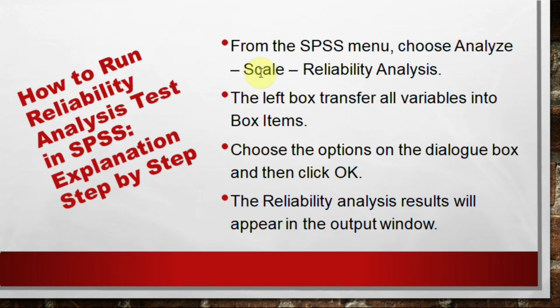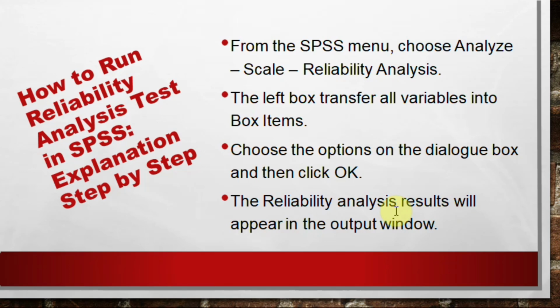Under Scale, you see Reliability Analysis. Once you click it, it will show you your variables of interest. And then you select the scale. The scale, remember, is the group of questions, a particular set of questions. You put it in the Items box, and then in that dialog box, you click OK, and then it gives you the result of the reliability.